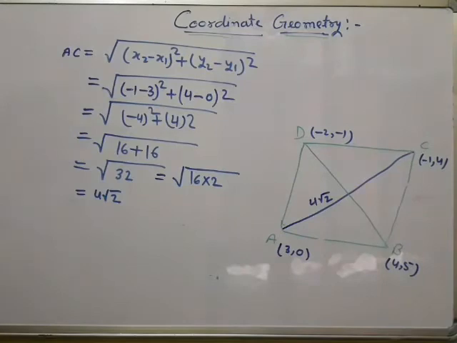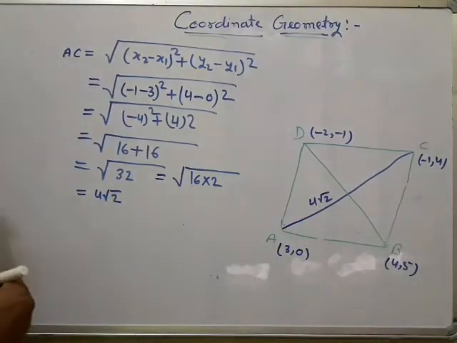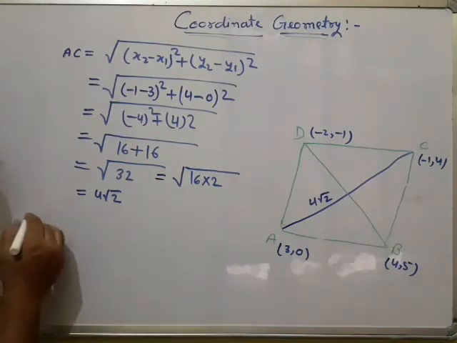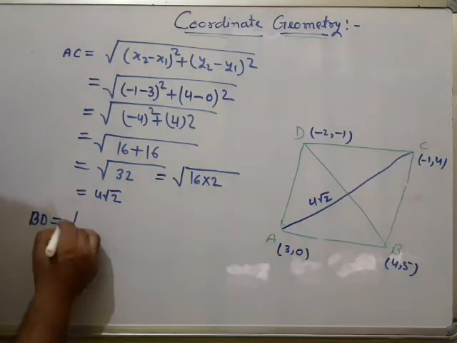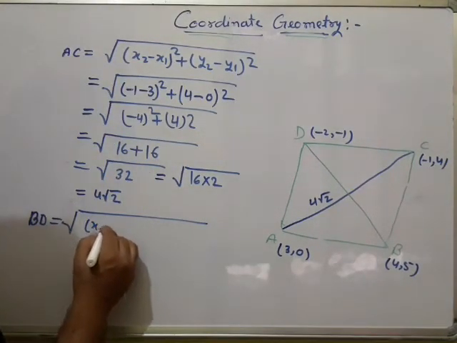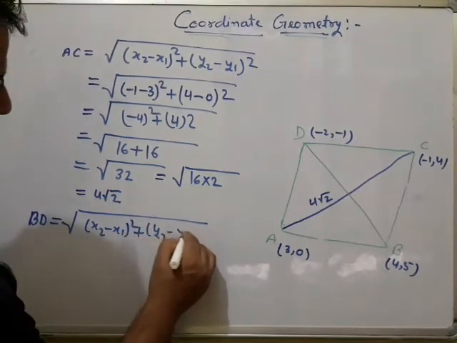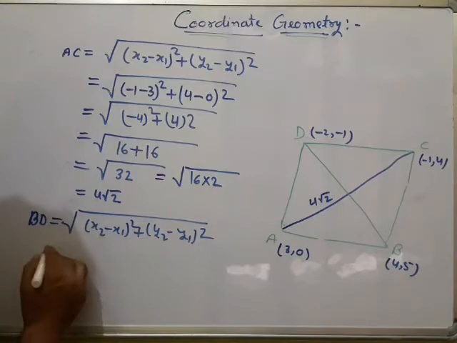Now find diagonal BD. So BD is equal to, same identity used here, x2 minus x1 whole square plus y2 minus y1 whole square.